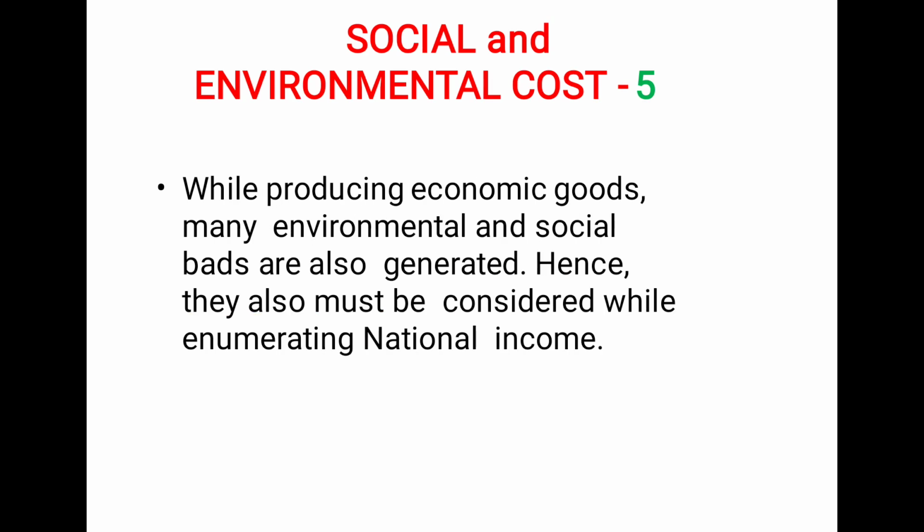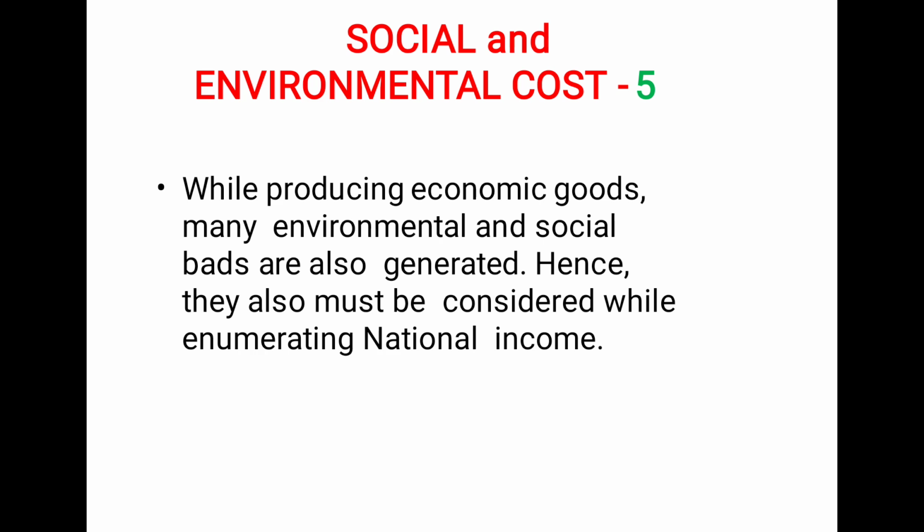Next one is social and environmental cost. When we are going to produce something, what will happen? Definitely we are going to incur environmental costs. While we are producing economic goods, we may come across many environmental and social defects.